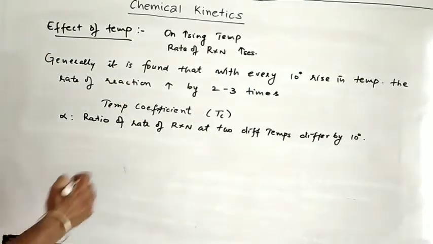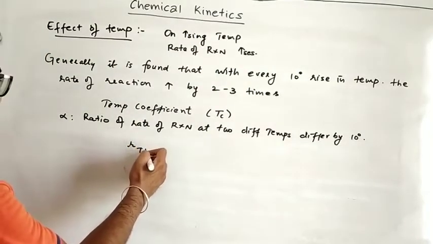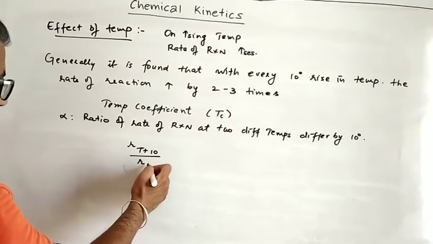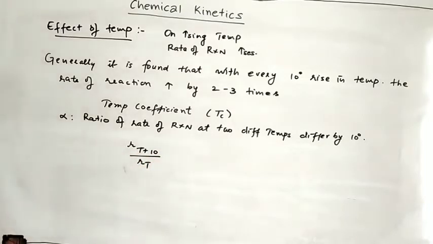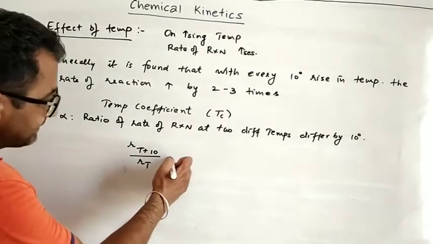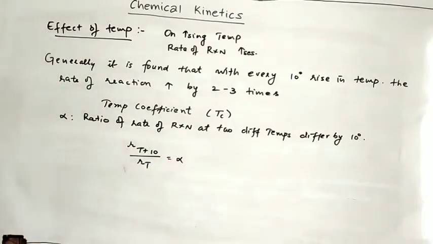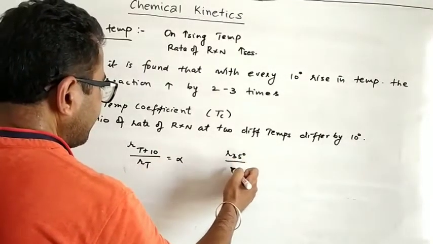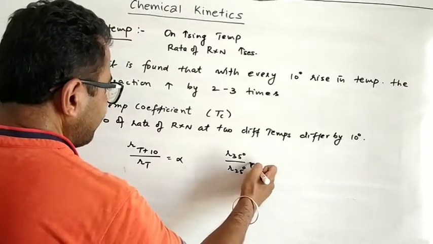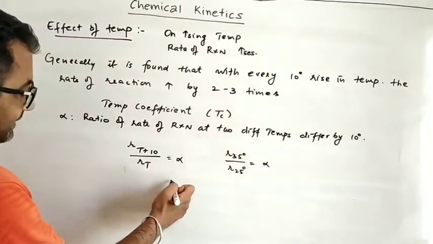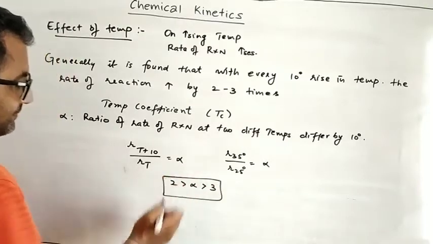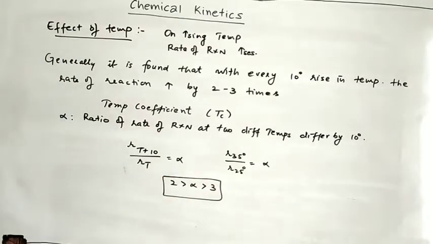Alpha से लिखेंगे. So rate at T plus 10 over rate at T is equal to alpha. Or we can say that rate at 35 degree over rate at 25 degree is alpha. और अल्फा क्या होगा, 2 से ज्यादा 3 से कम। क्लियर?